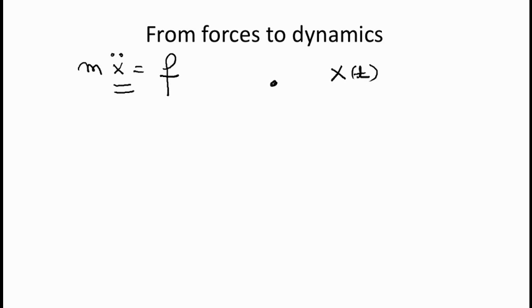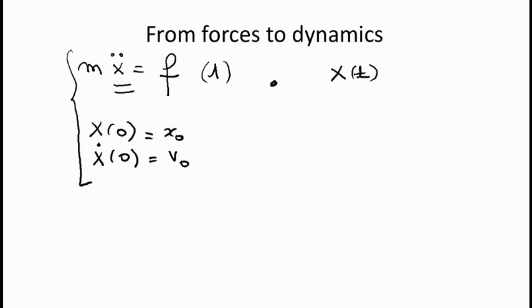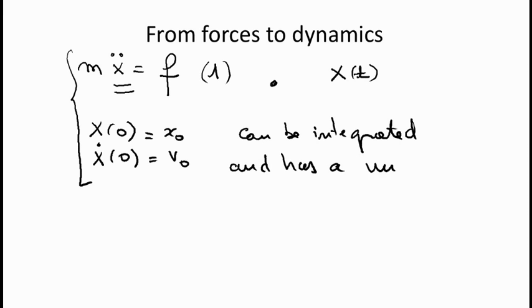If we know the position of the particle at time 0, x0, and if we know its velocity v0, then equation 1, based on these conditions, can be integrated and has a unique trajectory.